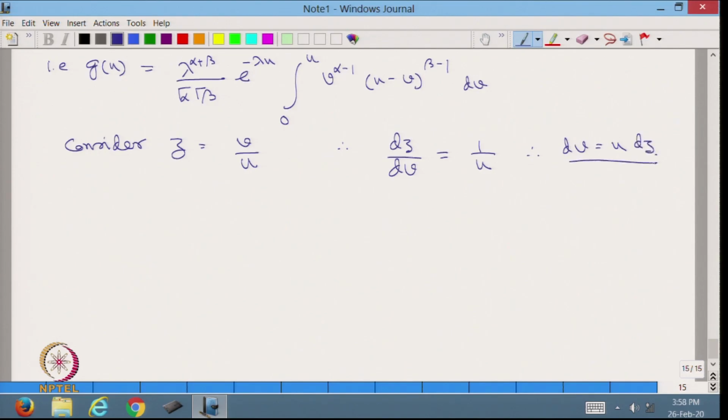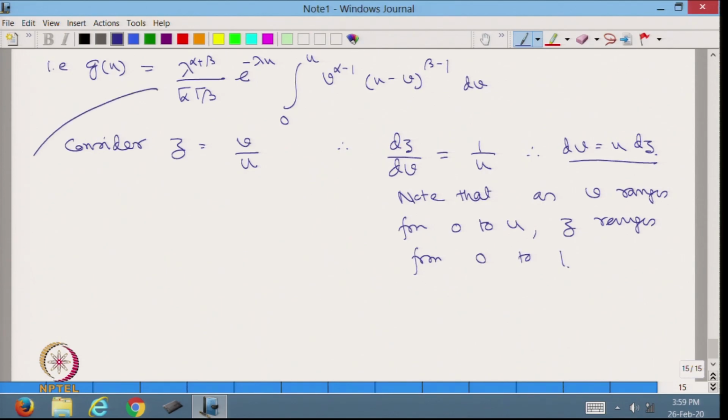So, this is what we are going to use to compute the integral. Note that as v ranges from 0 to u, z ranges from 0 to 1.